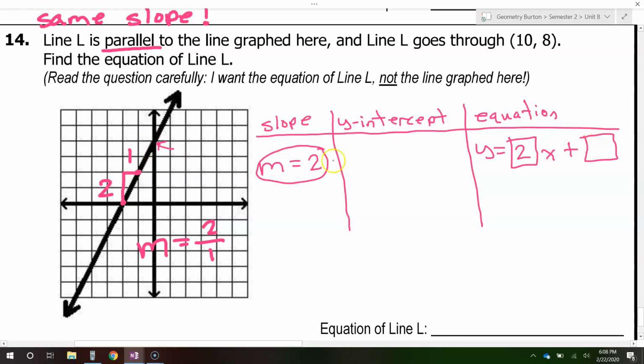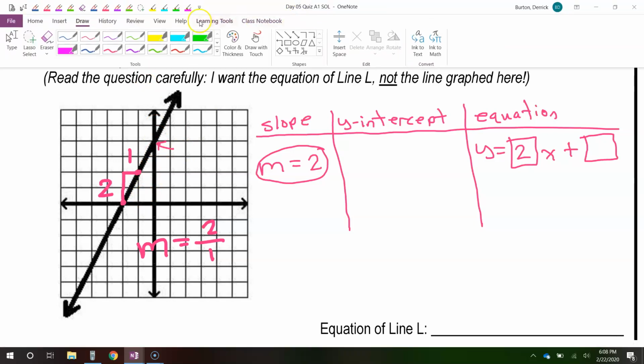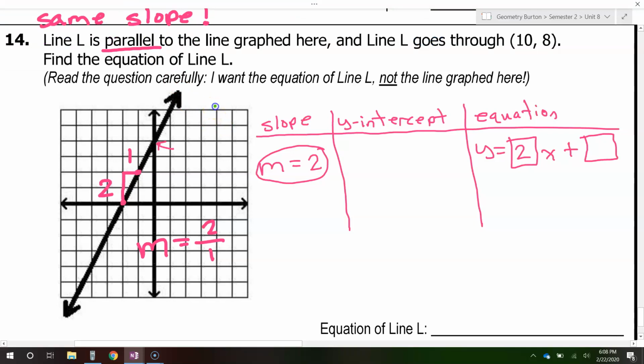But no, this is not line L. This is parallel to line L. They won't have the same y-intercept, because a parallel line would be like this. A parallel line is going to have a different y-intercept. So we have to figure out what that y-intercept is.